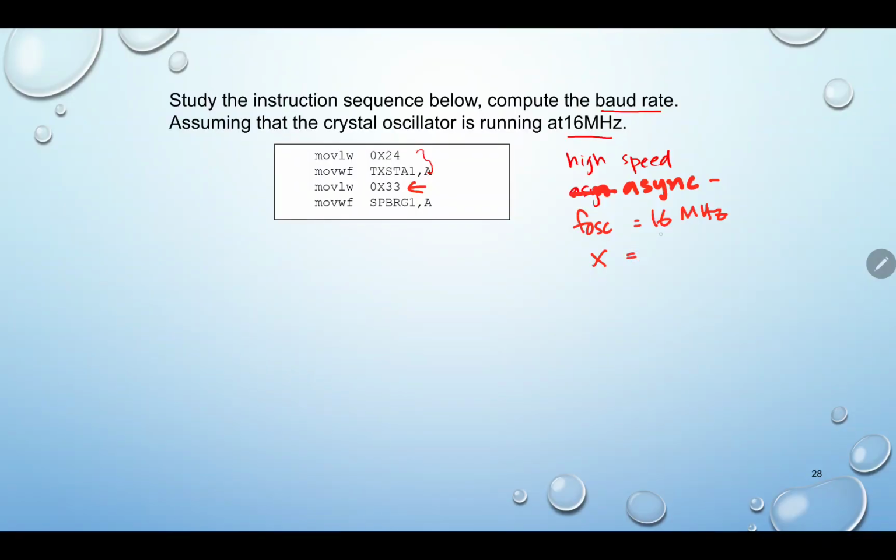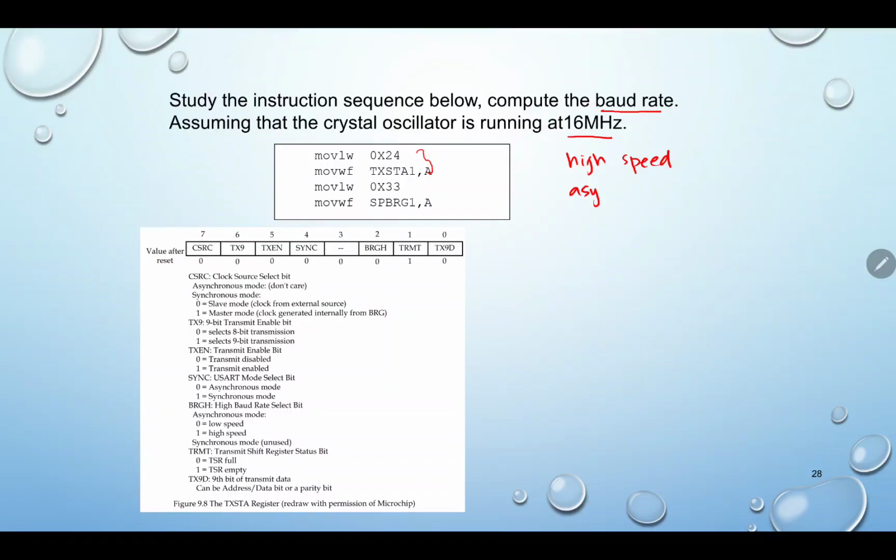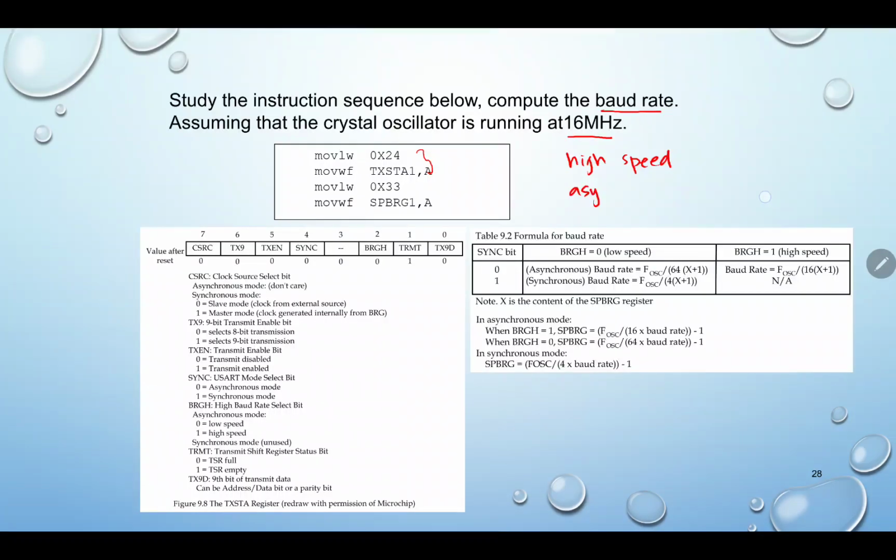So the X in the formula is actually hex 33. So we can see here it's enabled, and this shows that it is asynchronous. So we are going to use this formula when it is high speed, right? So you're going to use frequency oscillation over 16 times the baud rate.